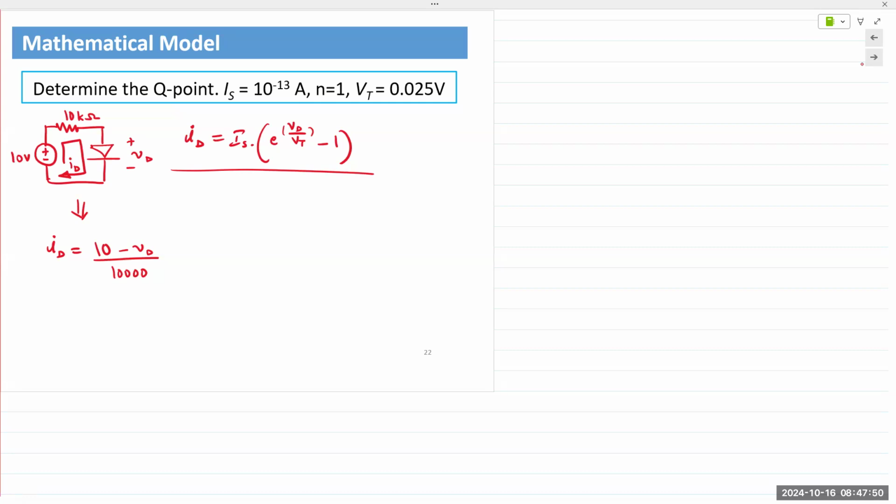That would be our equation from the circuit. So remember, we have the device equations, ID and VD, just for the device. That's different. But the ID here is the current actually flowing through the circuit itself.